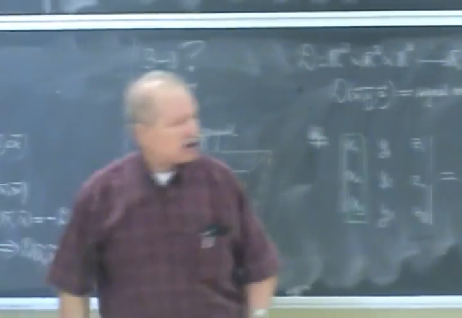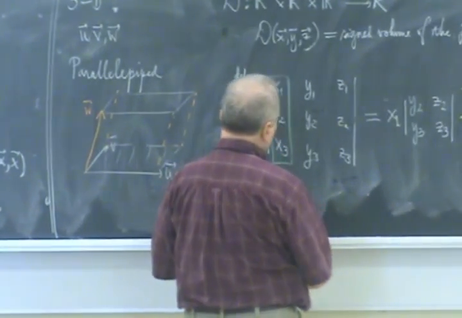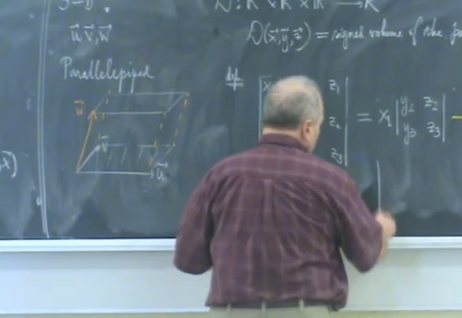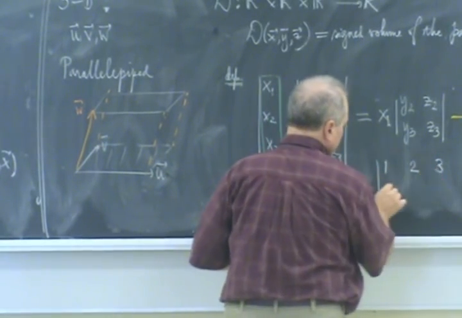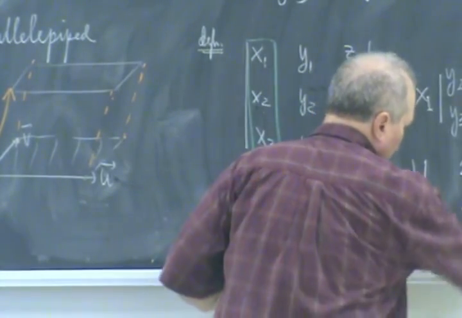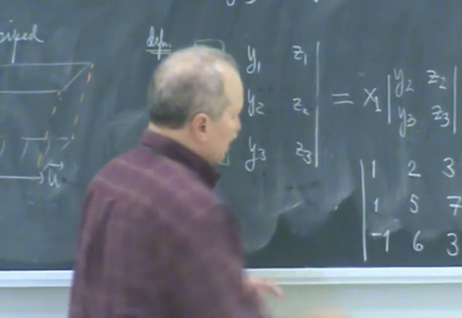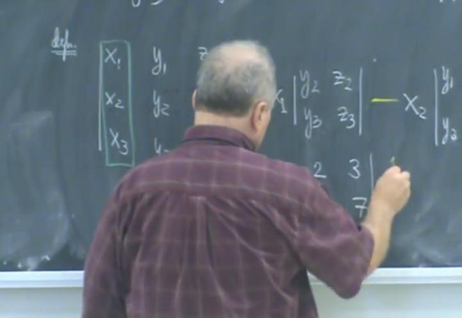Now there is a shortcut for this, which I will show you on Friday, and that is that you can take your determinant and you can write down the first 2 columns yet again.